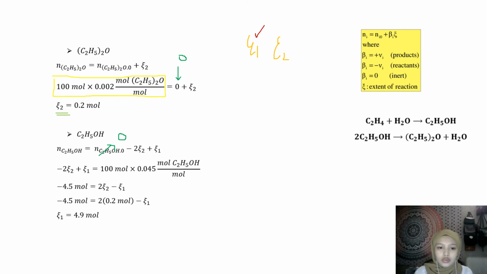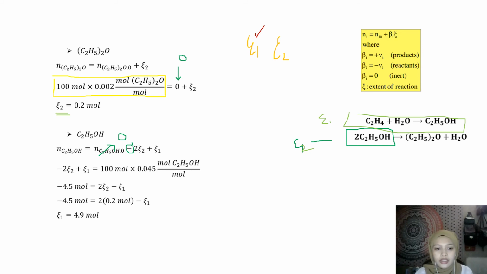minus 2 multiplied by extent of reaction 2, because 2 mole of ethanol are used in reaction 2 as the reactant, so we use a negative value here, and plus extent of reaction 1 because in reaction 1 the ethanol acts as a product, which we consider as a positive value.